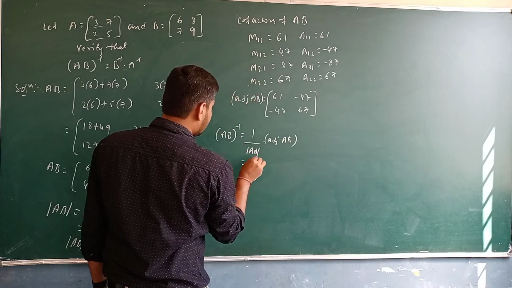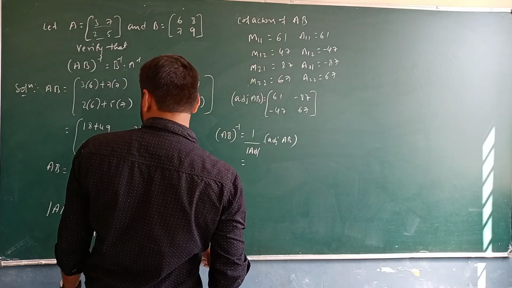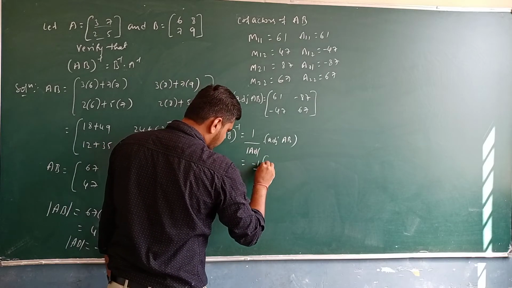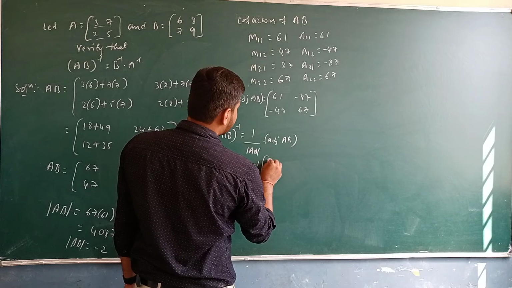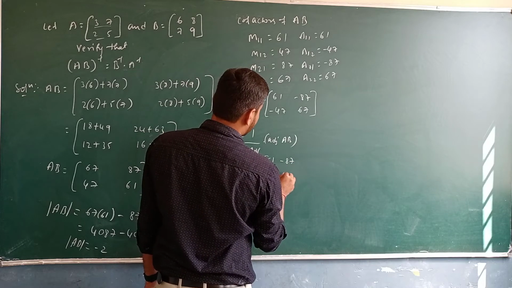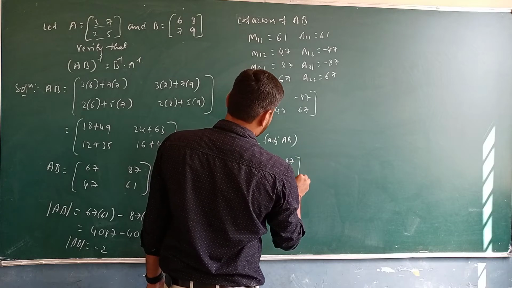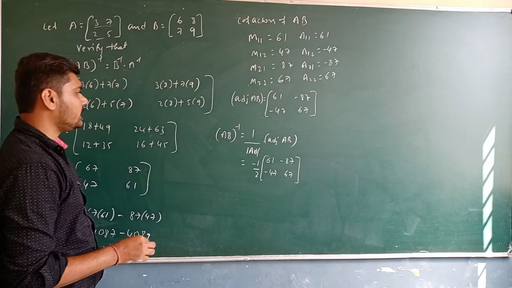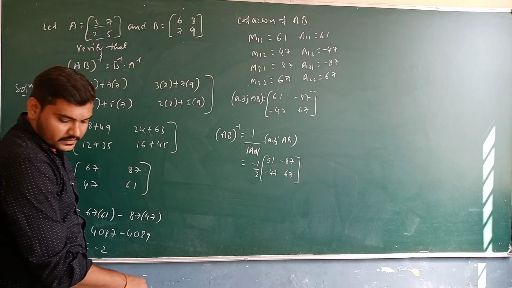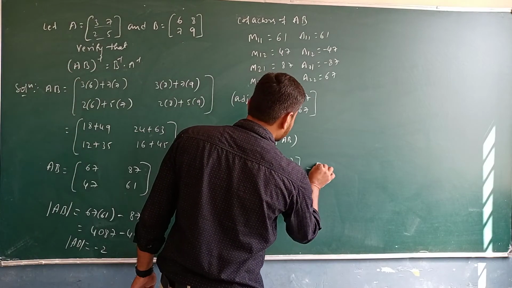So now here 1 divided by determinant of AB with -2, or you can say minus 1 divided by 2 into 61 minus 87 minus 47 67. So this is going to be the required AB whole inverse, equal to minus 1 divided by 2 into 67 minus 87 minus 47 and 67. Okay, we can say that that's going to be equation number 1.